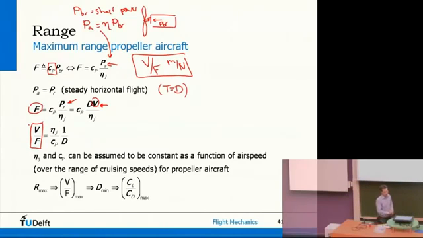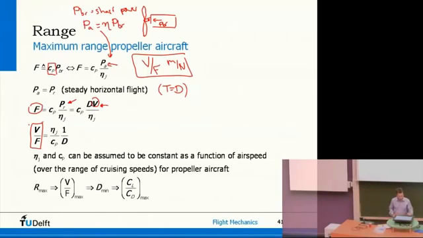Now this efficiency and this parameter Cp, in normal applications you can say, well, that's pretty much constant for all the airspeeds that we're interested in. So that means if you want to maximize V over F, then you would have to maximize 1 over the aerodynamic drag, which means you have to minimize the actual aerodynamic drag.